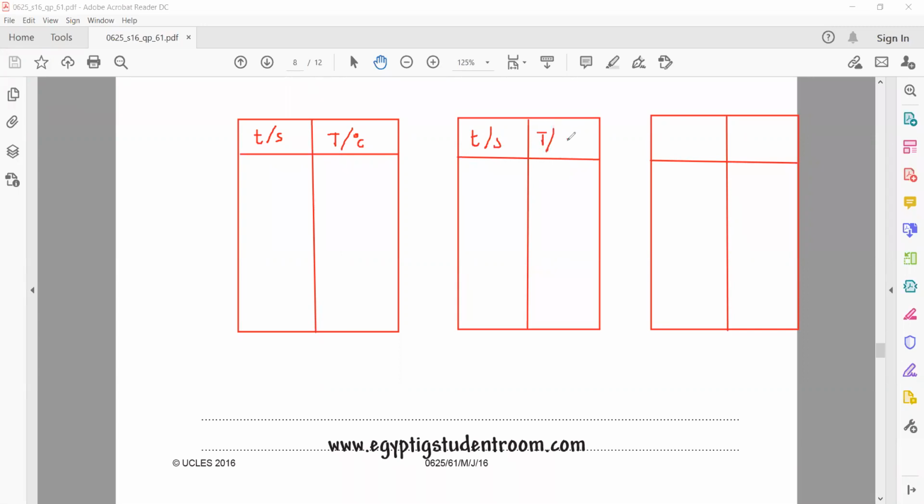The reason I drew three different tables is that you can even merge them and make one table. I will draw one table as well. First I'm explaining if you want to draw three different tables.